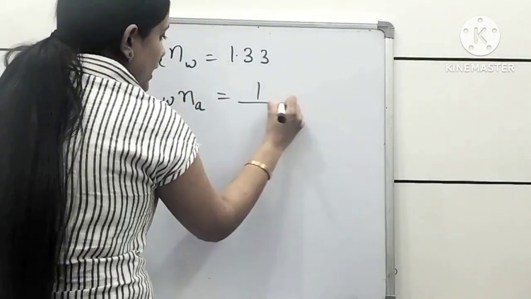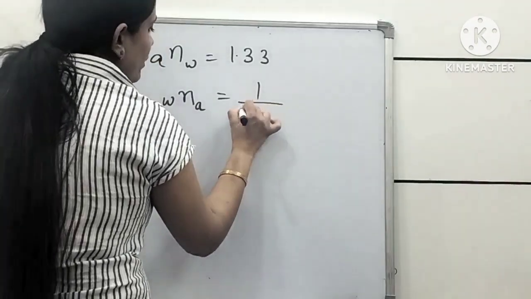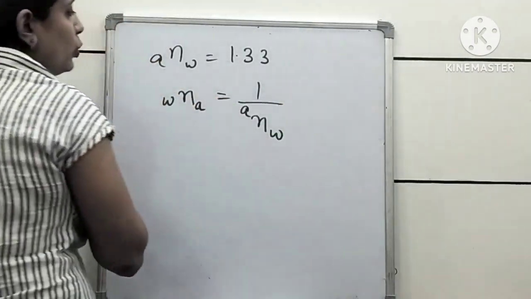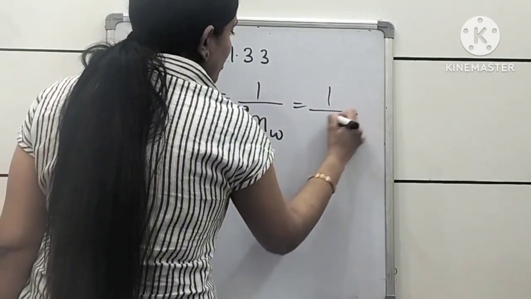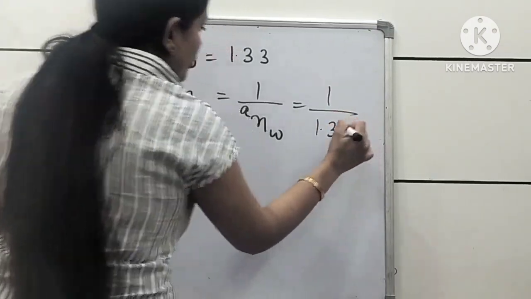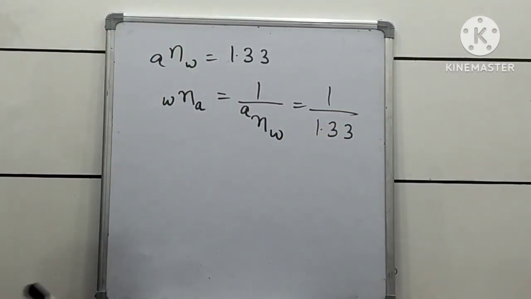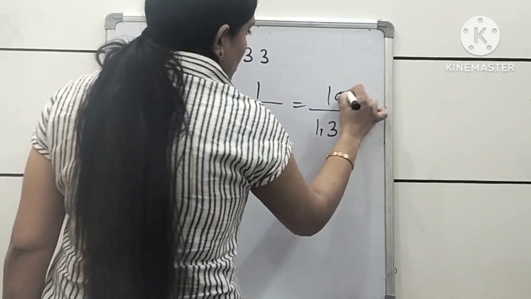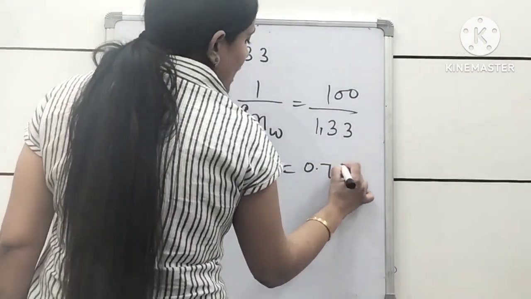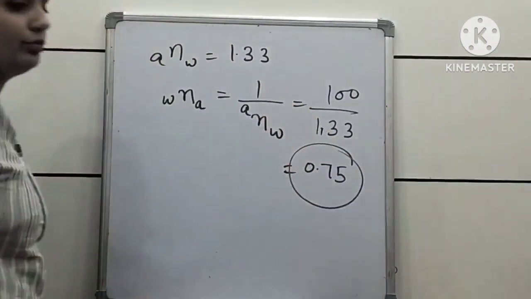It is equal to the reciprocal of the refractive index from air to water, which is 1 divided by 1.33. Solving this, it is equal to 0.75.